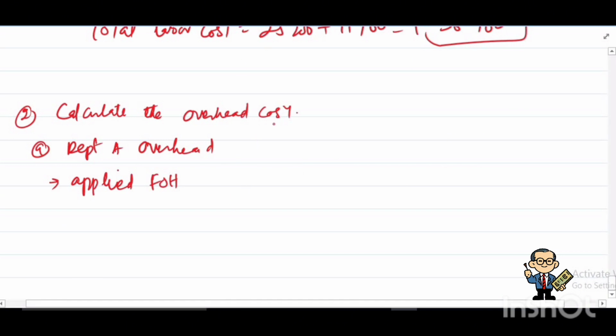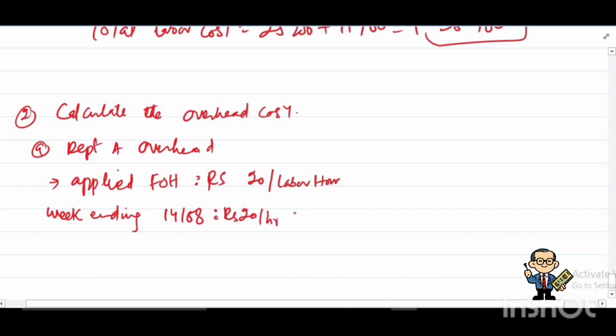Let me write here, and then we will calculate. Applied fixed overhead cost, the rate is 20 per labor hour, and week ending 14/08 is 20 per hour multiplied with 1,200 hours, and this is the labor.